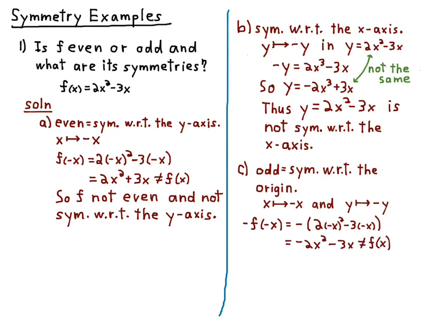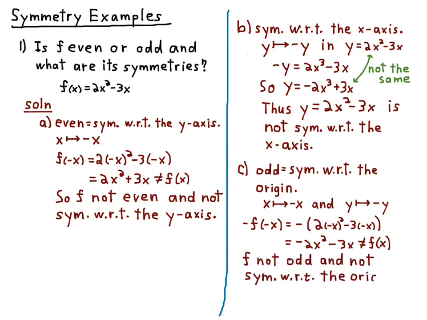And when I multiply that out, I get negative 2x squared plus 3x, which is definitely not 2x squared minus 3x. The sign on the 2x squared is wrong, right? So that is not symmetric with respect to the origin, and it's not odd.